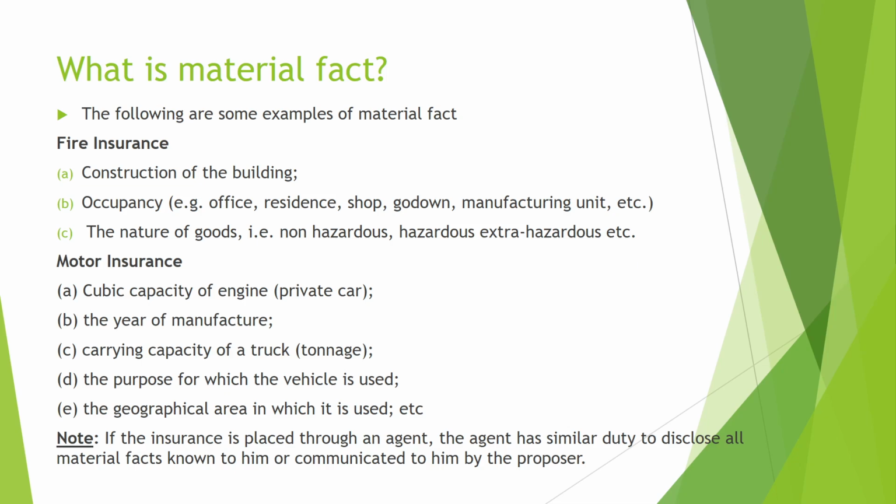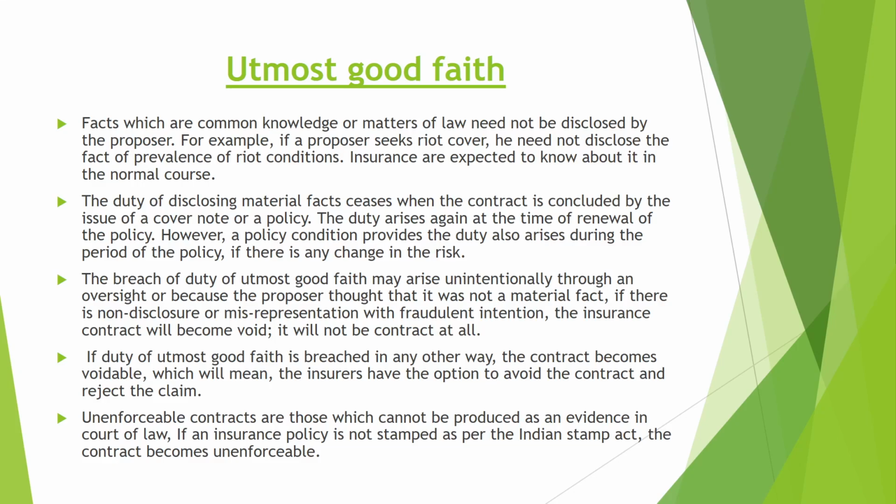Okay, so you have to disclose the locality also. Please note, if the insurance is placed through an agent, the agent has similar duties to disclose all the material facts known to him or communicated by the proposer. Okay, so that was about material fact.